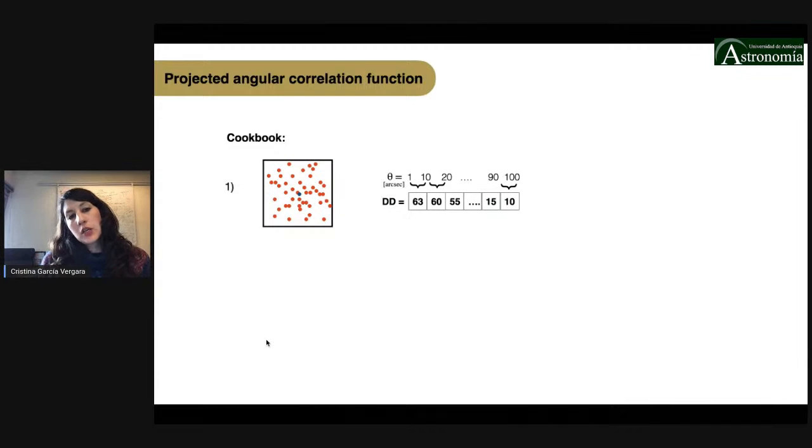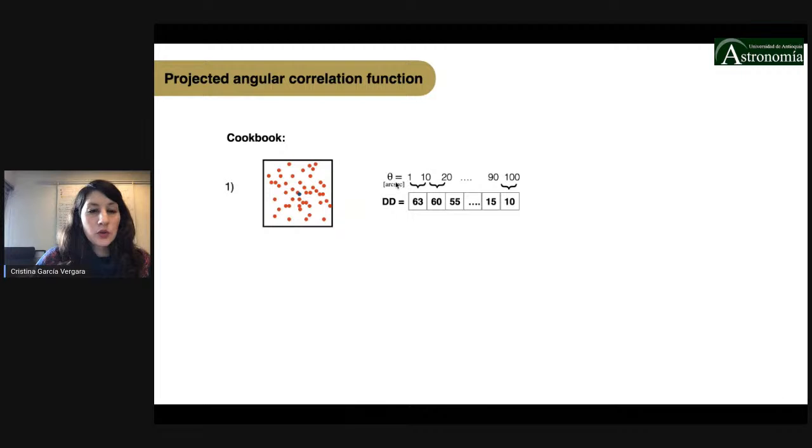Then I'm trying to give you a cookbook for you to be able to measure the clustering of a population. We will actually work on this in the workshop in the afternoon. Then you have first your data here. You measure the data term.